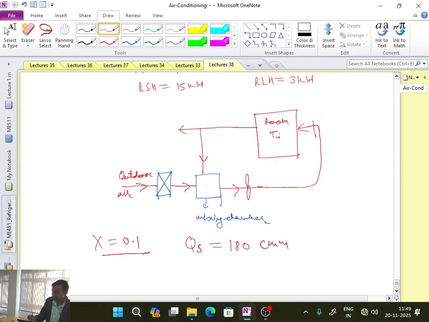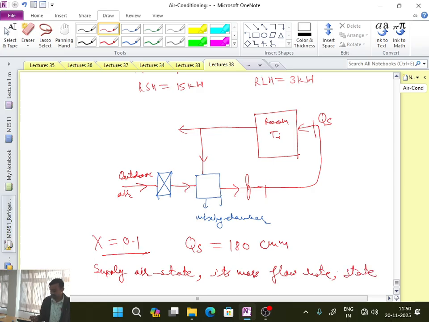What is the meaning of QS? It means the flow rate at this point. After mixing, flow rate is 180 cmm. We need to find the supply air state, its mass flow rate, the state at the exit of the cooling coil, and the total cooling load. So what are the things we need to calculate? Supply air state, its mass flow rate, state at exit of cooling coil.